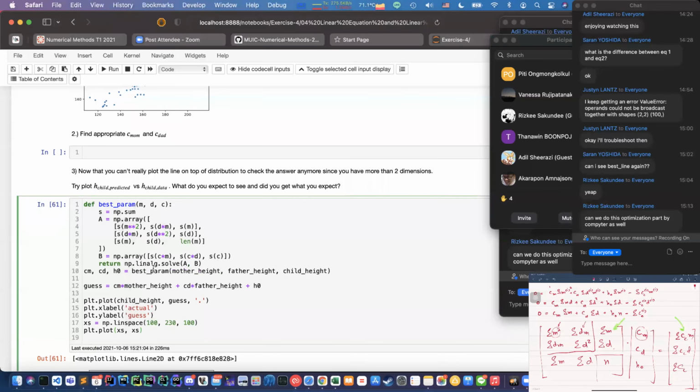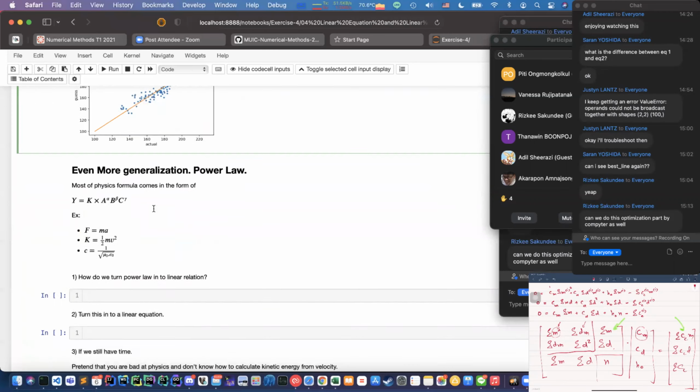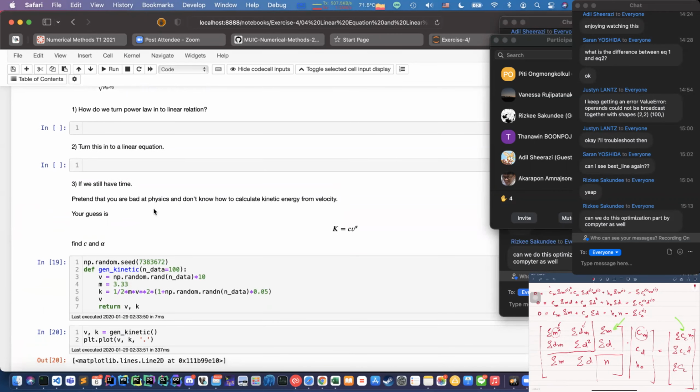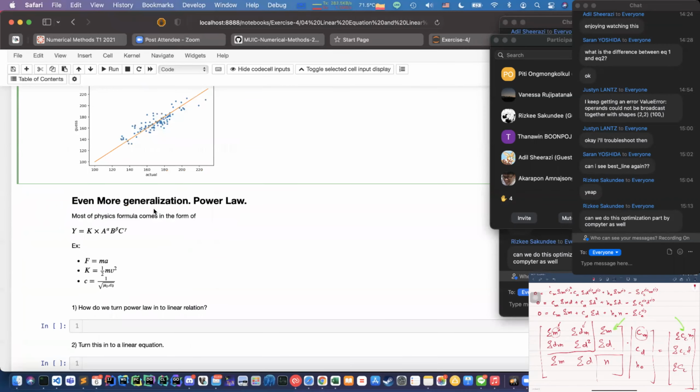Okay. So this is a really powerful technique. You can do any number of dimensions you like. If you have 100 variables, yes, you can. There's nothing preventing you from doing it. But if you look at all the physics laws that you learned so far, most of the laws are of this form.